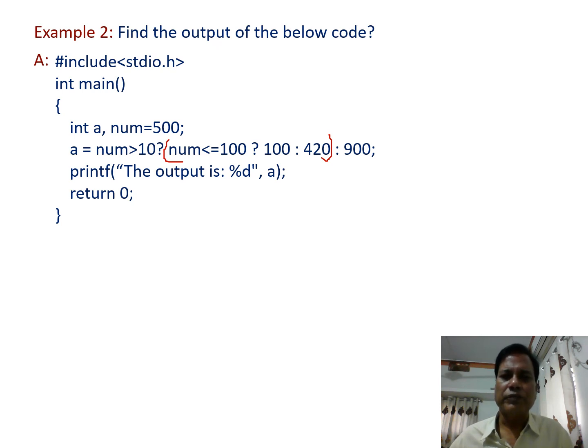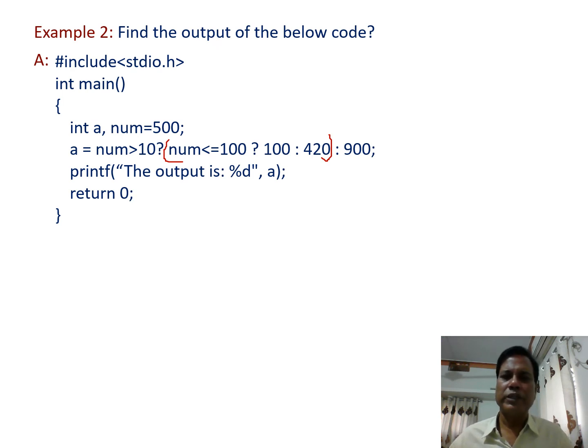Now again in this one, we have to check num less than or equal to 100, what. This is another conditional operator. In this conditional operator, num less than or equal to 100 is false, because 500 cannot be less than or equal to 100.